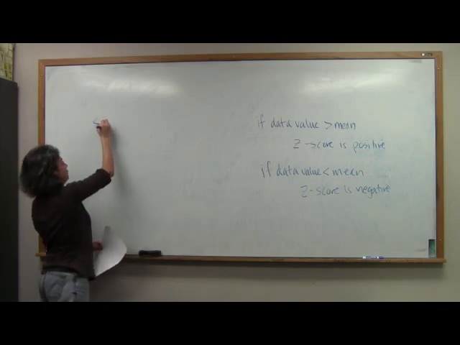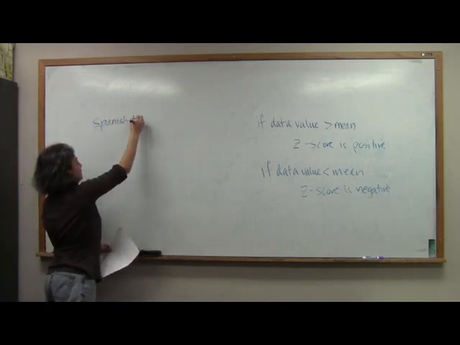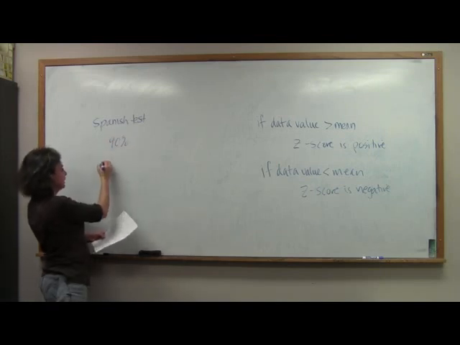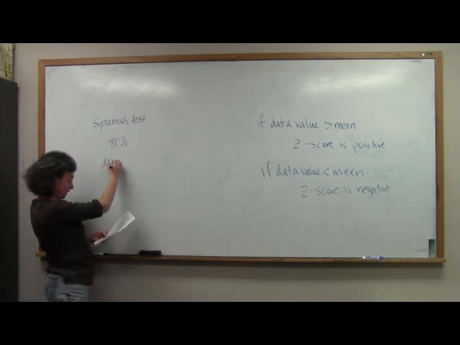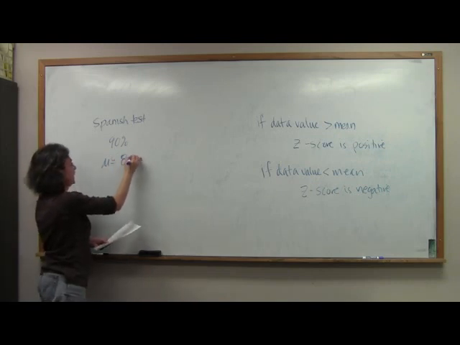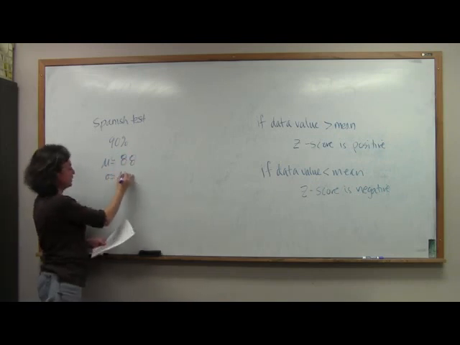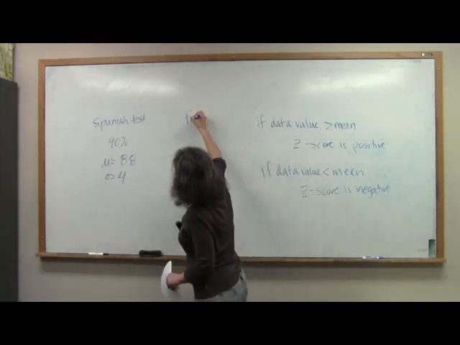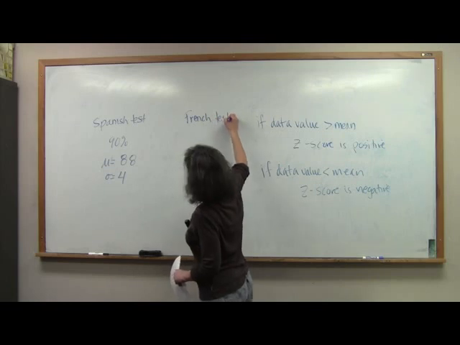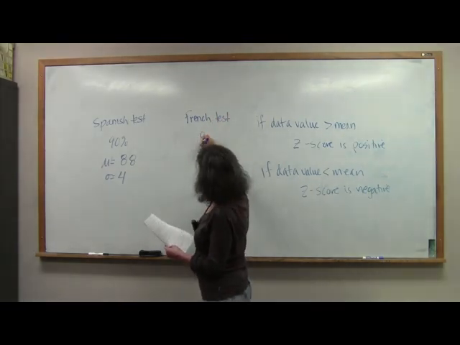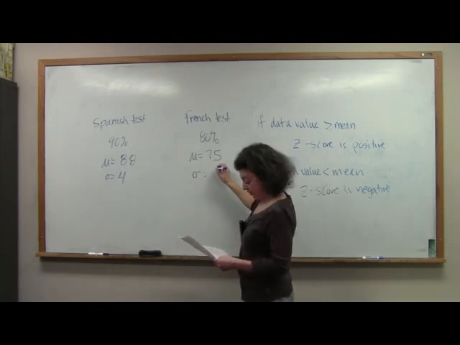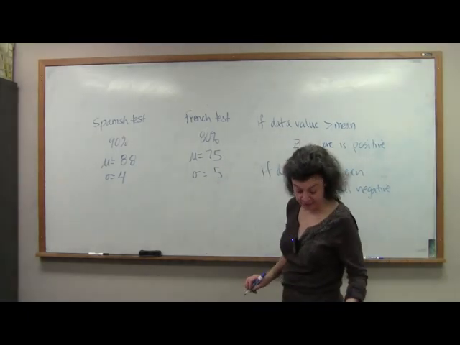Suppose you took a Spanish test and you scored a 90%, and the average in the class was an 88 with a standard deviation of 4. And suppose you took a French test, and on that test you scored an 80%, and in that class the class average was a 75 with a standard deviation of 5.